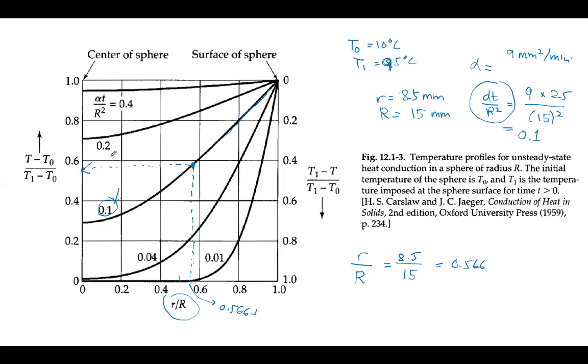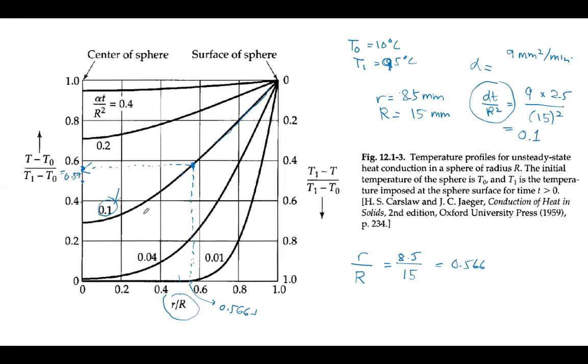So then this value shows that T minus T0 over T1 minus T0 equals maybe 0.57, let's say.